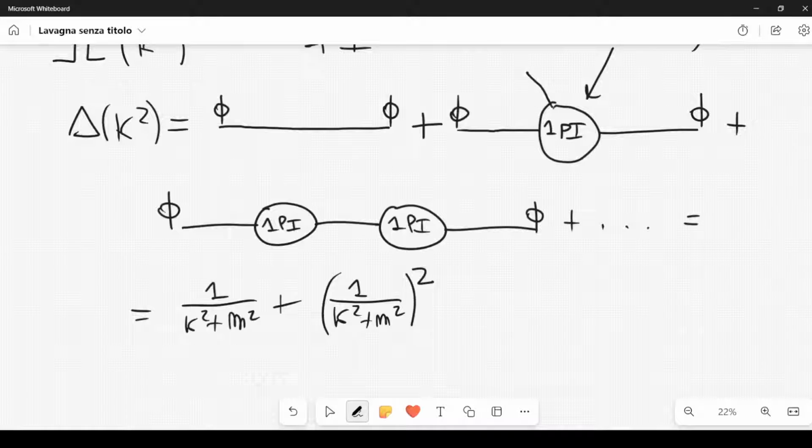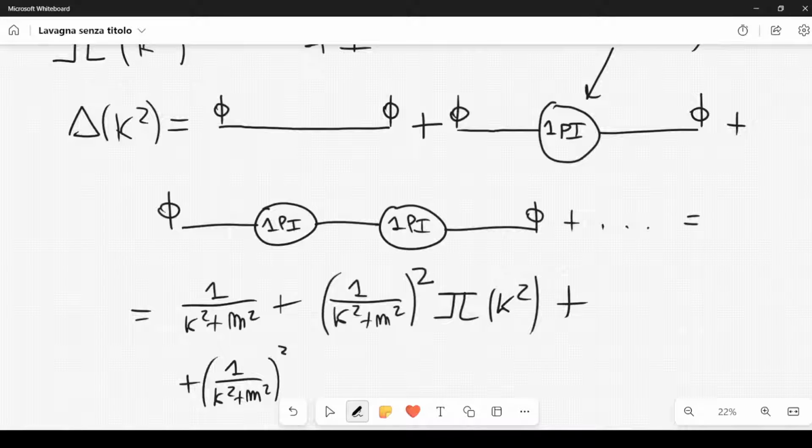And then we also get the function of the one particle irreducible graph, which is just Pi of k squared. Then the contribution of this graph will be 1 over k squared plus m squared to the third power, and then we have Pi of k squared squared, because we have two one particle irreducible graphs, and then you have higher order contributions.